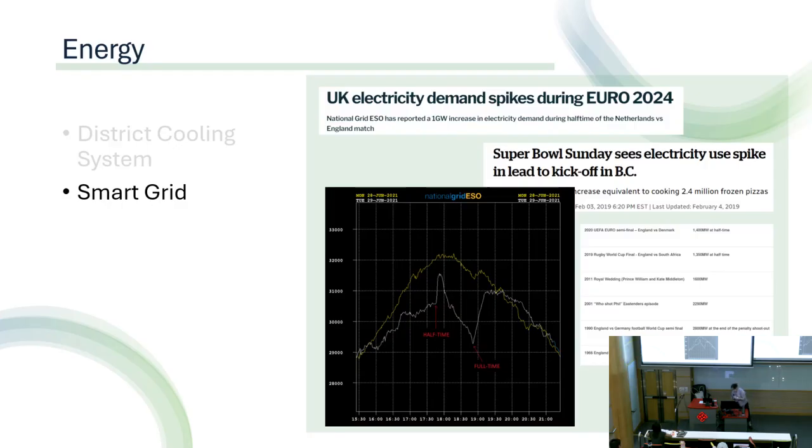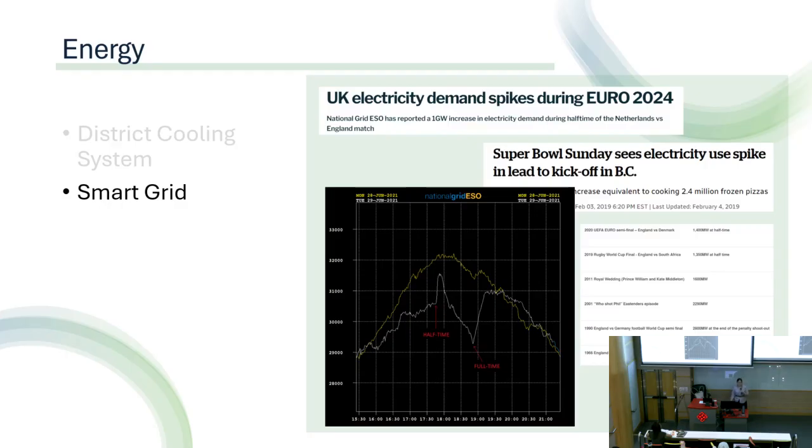You can see these two: one spike and one drop. The spike happened when the Super Bowl was at halftime, and everyone was rushing to the kitchen to boil a cup of tea, a cup of coffee or whatever.